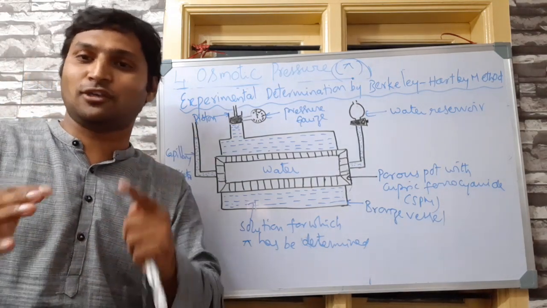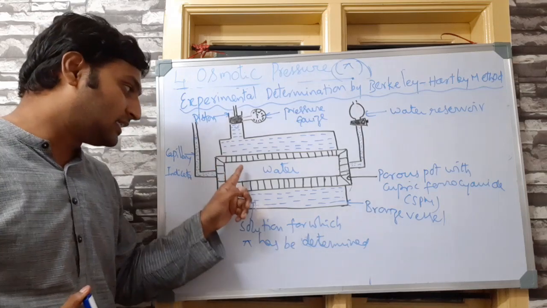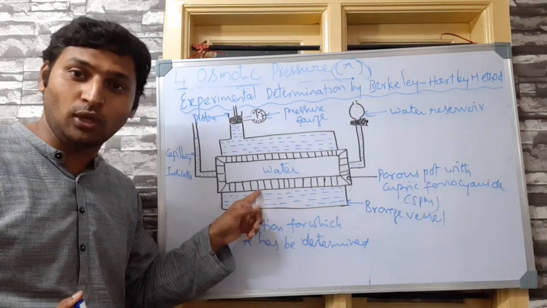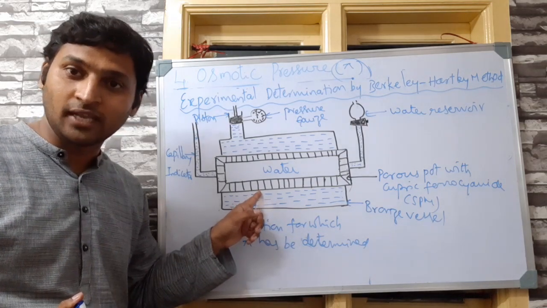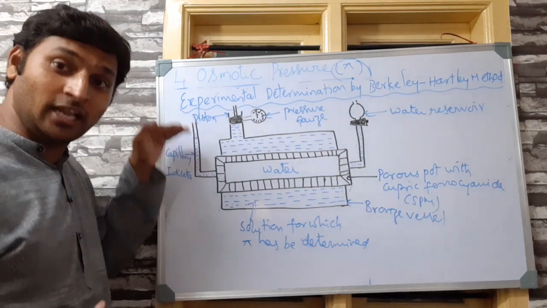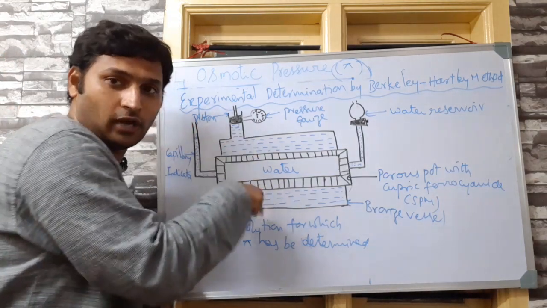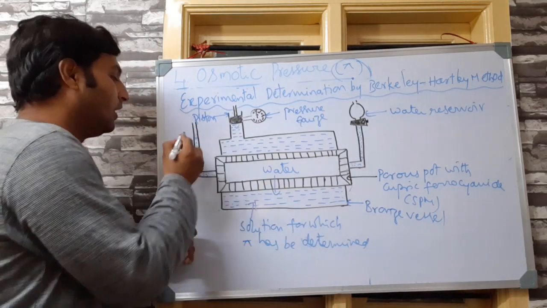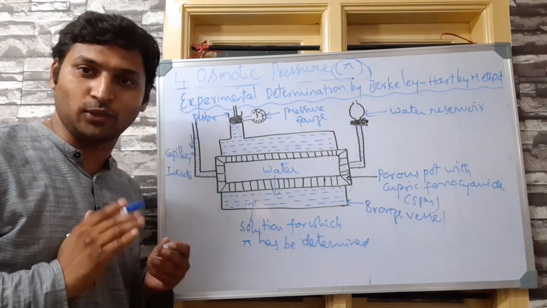Now starts the process of osmosis. The solvent will be flowing from pure water into the solution, that is into this bronze vessel outside. When that happens, the level of water in the capillary indicator will be reducing, which is indicative of commencement of osmosis. Water movement has started here, that's why the level of water in this capillary indicator will reduce.